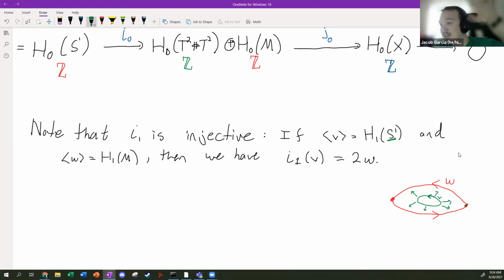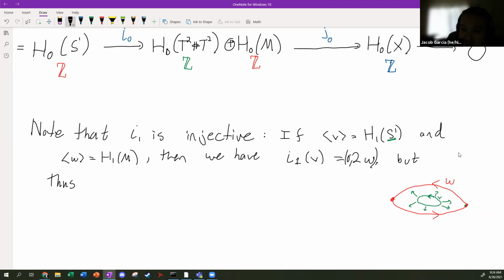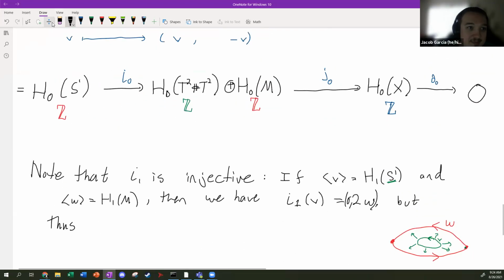I'm including the circle into the Mobius band and I get this degree 2 map. I get this factor of 2 inside of my map. But this map, thus, and actually this is 0, 2W. Because I2 goes into an ordered pair.